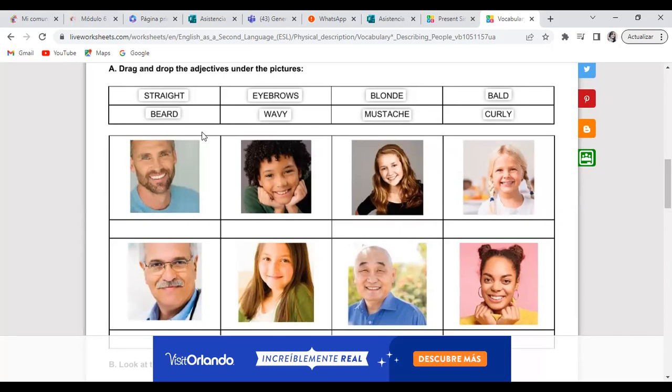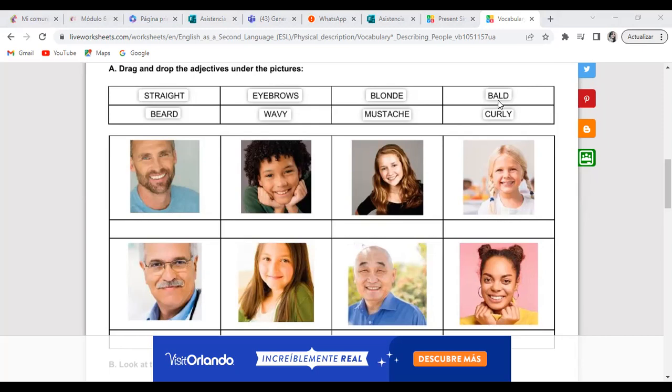Like straight. We know that straight means lacio. It's an adjective. Eyebrows is a noun. It means cejas. Blonde is an adjective. Bald is an adjective that means calvo.